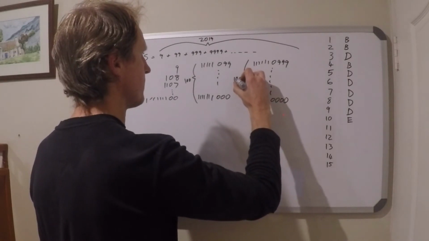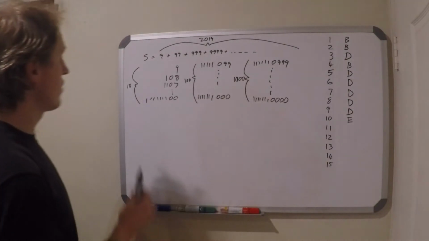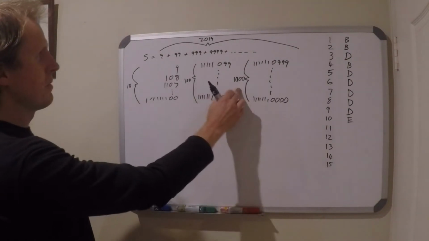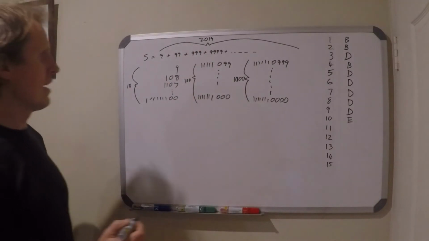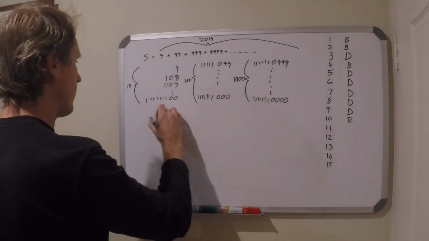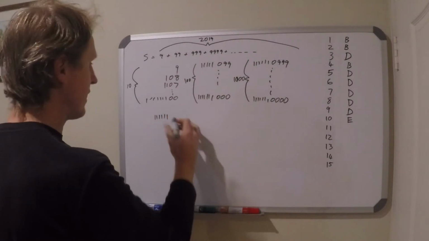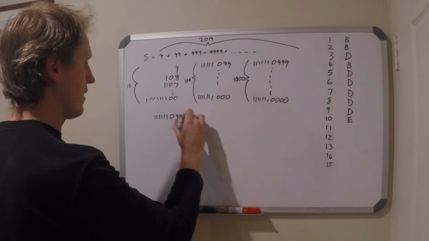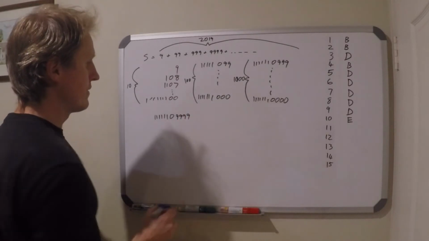1,000 numbers. So 10 plus 100 plus 1,000 is still less than 2,000. So let's look at the next part of the pattern. It's going to be a whole lot of ones, 0, 9, 9, 9, 9.